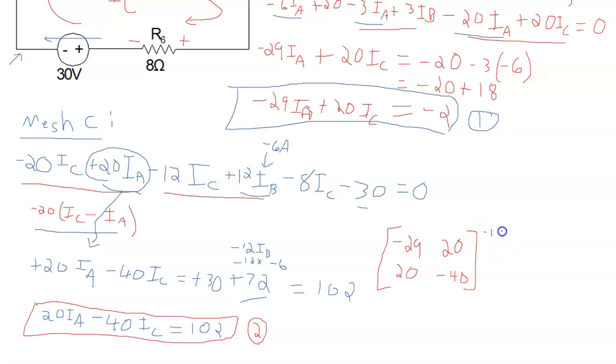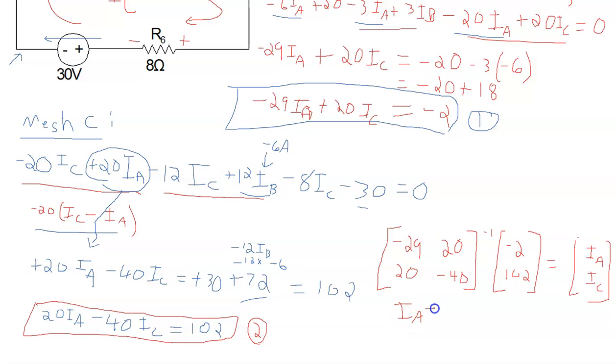The inverse of that matrix multiplied by the matrix of constants, which is negative 2 and 102, gives us the solution, which is, in this case, IA and IC.